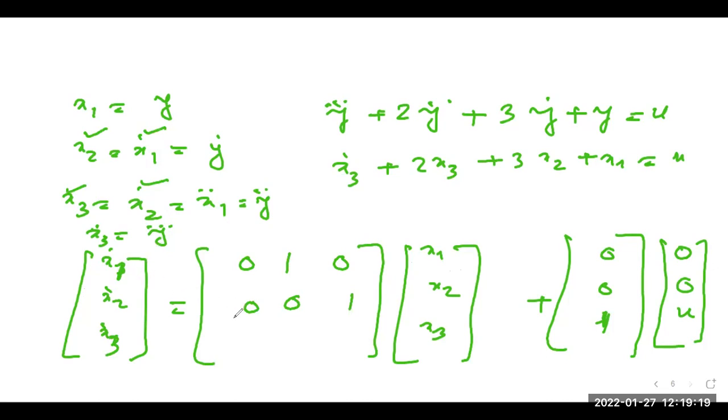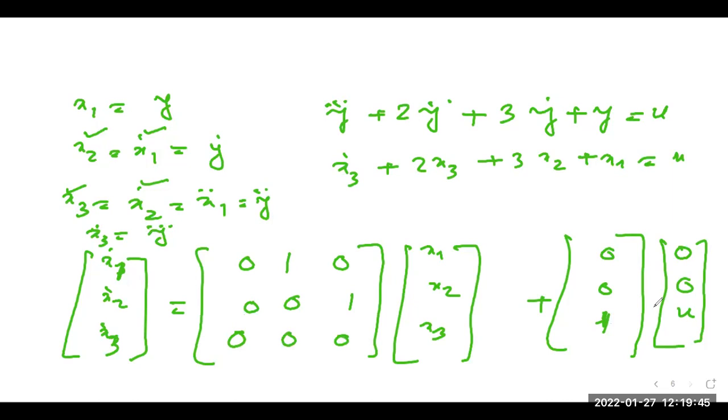So this will be equal to 0, 0, 0, since x3 dot is not there. Okay, so this way we have to proceed.